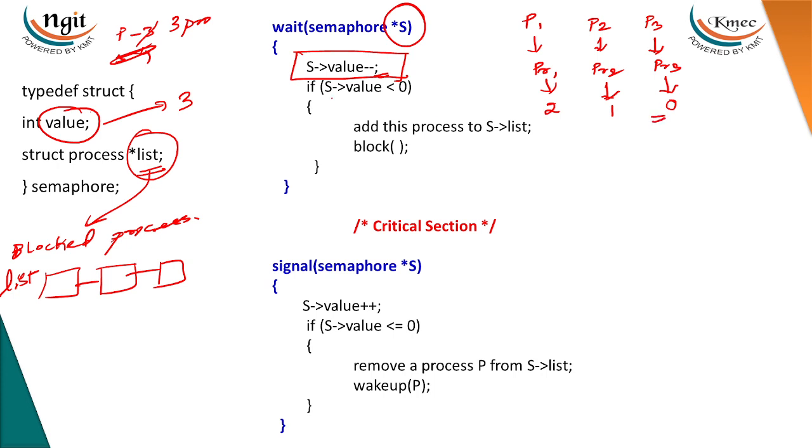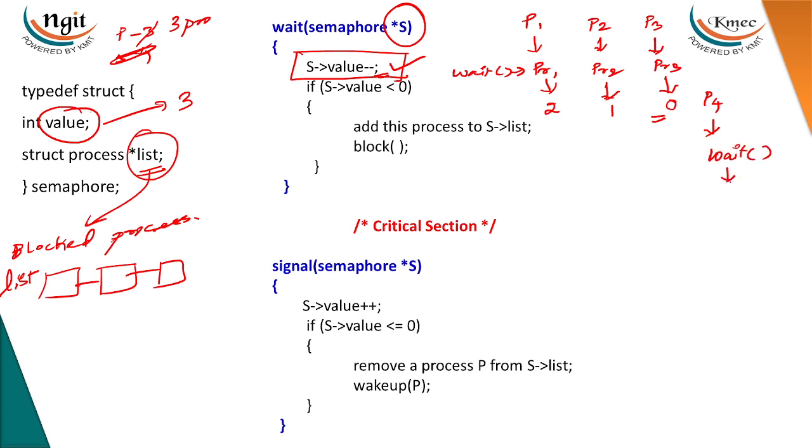Now look at here. When process P4 executes the wait function, it keeps on reducing this value. At this point process P4 wants to use a printer, but there are no printers available.